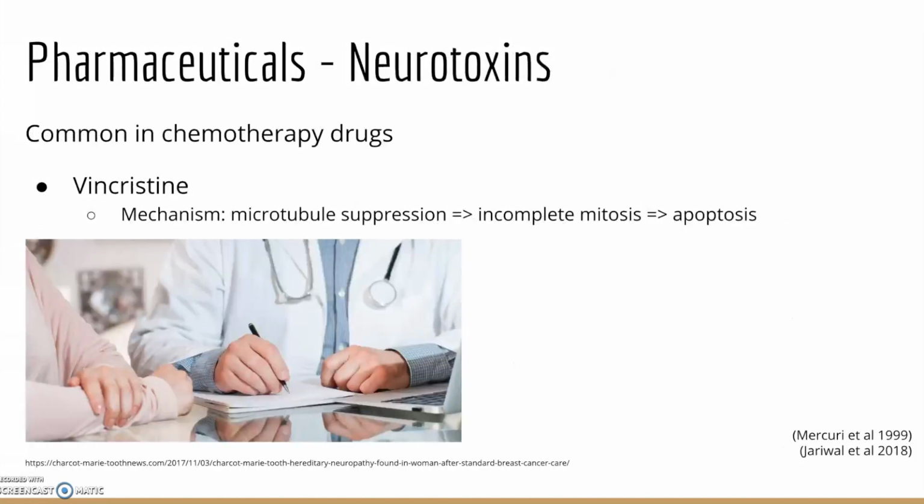An important note regarding patients with CMT and pharmaceuticals is the effect of neurotoxins. Unfortunately, drugs involved in chemotherapy often include neurotoxins, such as vincristine, which suppresses the microtubules involved in mitosis, leading to the cell's inability to divide completely, causing it to die. Patients who have been diagnosed with CMT are strongly advised to avoid neurotoxic drugs such as vincristine.